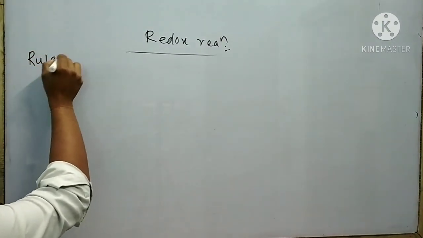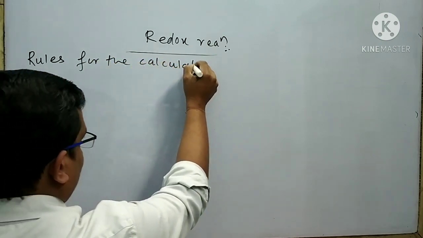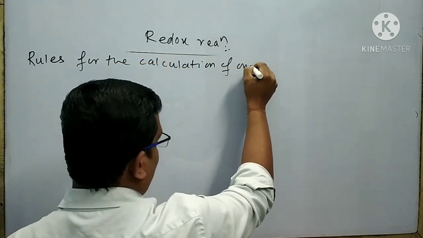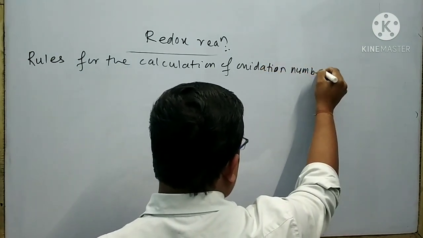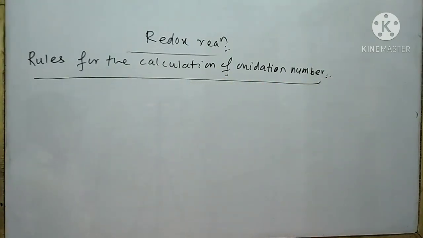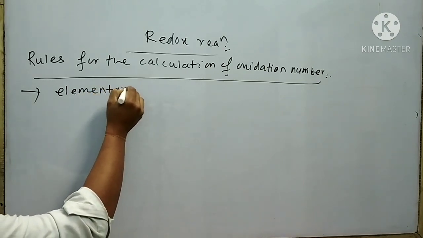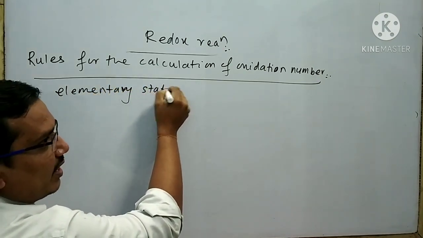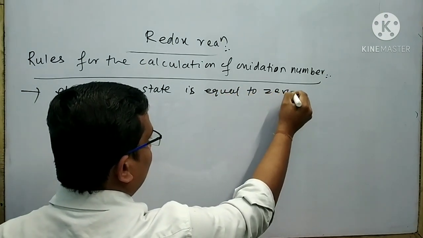Next, I want to explain the rules for the calculation of oxidation number. What are the rules for the calculation of oxidation number? First rule: the oxidation number of a substance in its elementary state is equal to 0.